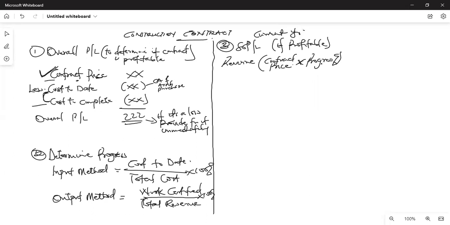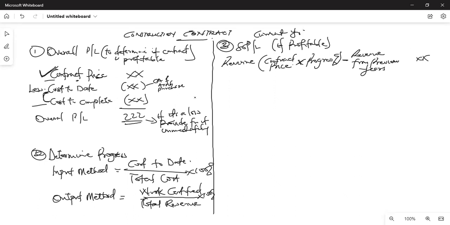Therefore, if you multiply it by the contract price, that sum is not actually for that year because it has been coming from somewhere. So what you need to do is less revenue from previous years. So that is what you get here.